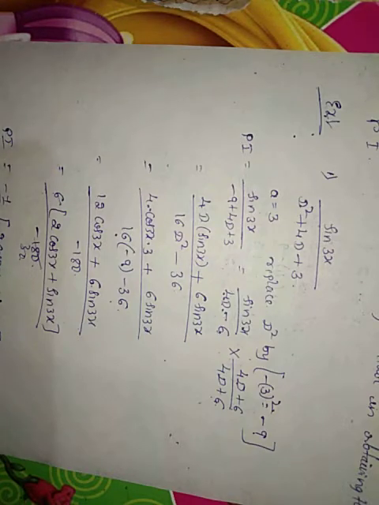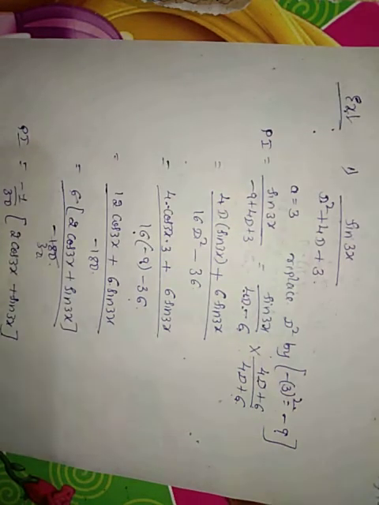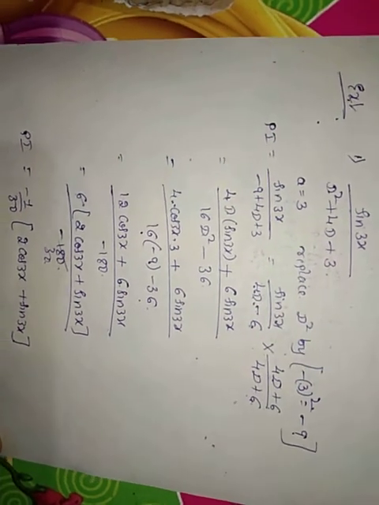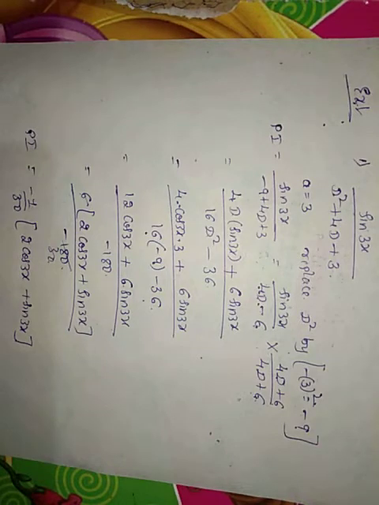So first they have given you sin 3x divided by D squared plus 4D plus 3. First we have to identify the a. After identifying the a, replace D squared by minus a squared, that is minus 9, in the f of D. After replacing, we get sin 3x divided by 4D minus 6.